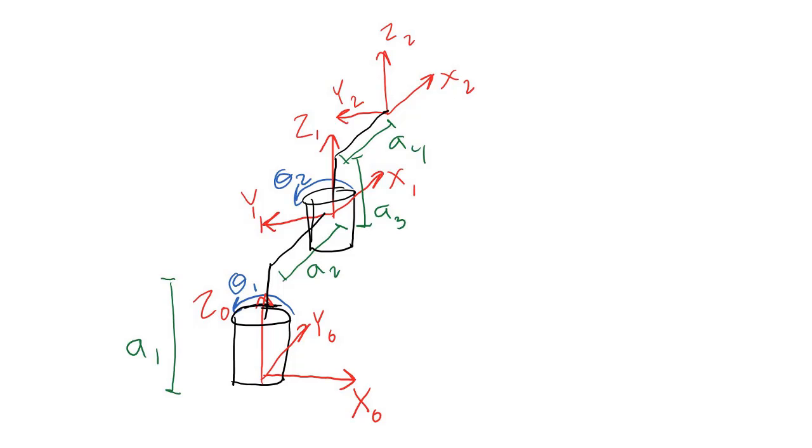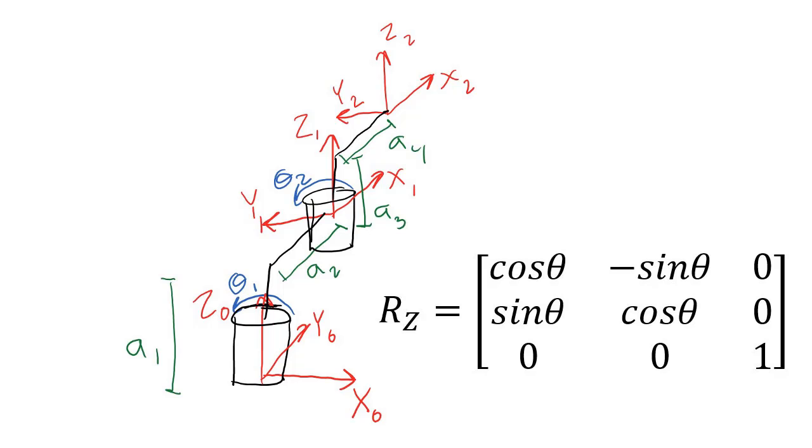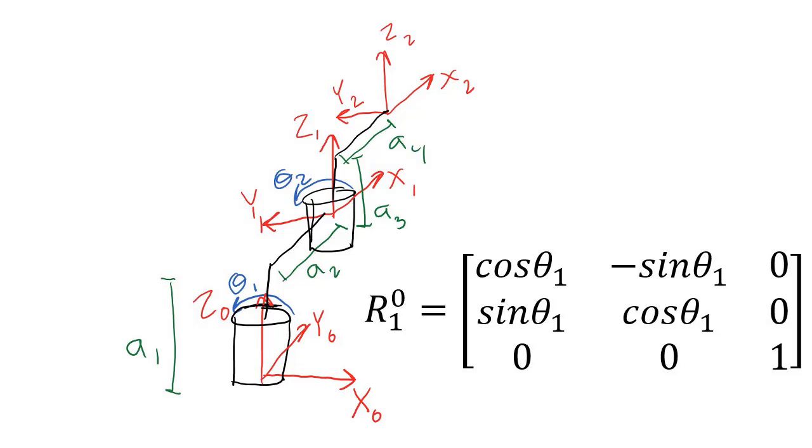So that means that we can represent this rotation by getting the standard form of the z rotation matrix and using it. For the angle, we'll plug in our joint variable, theta 1. Theta 1 is the amount that we are rotating the one frame relative to the zero frame.